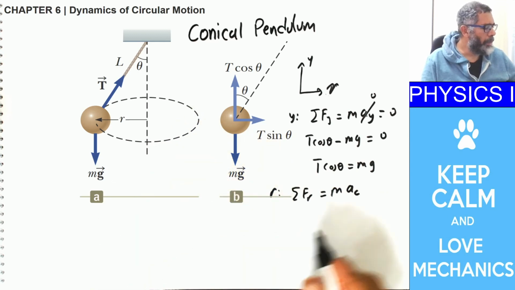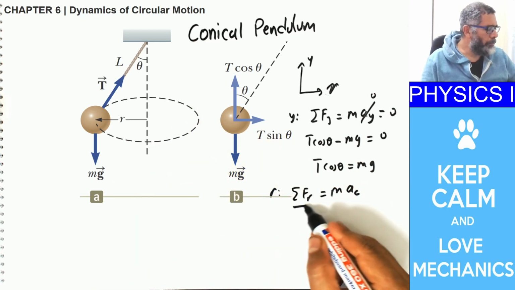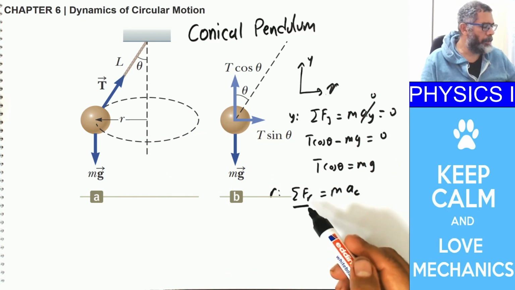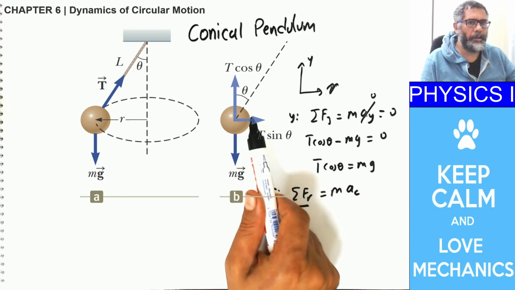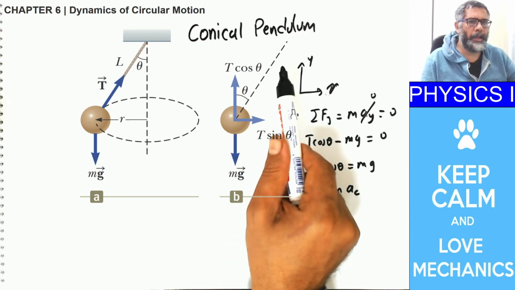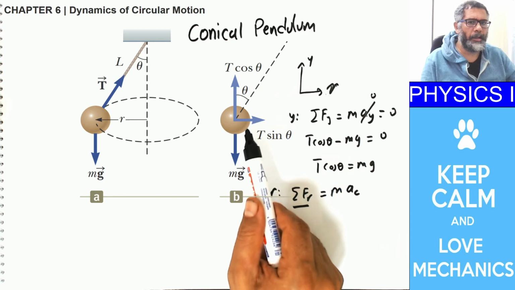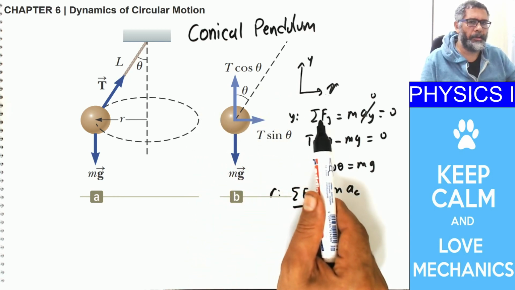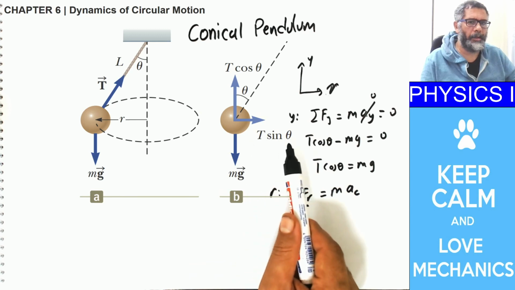And what is the force that is providing this circular motion to the object? It is not the tension T, but this component of the tension, which is T sine theta.